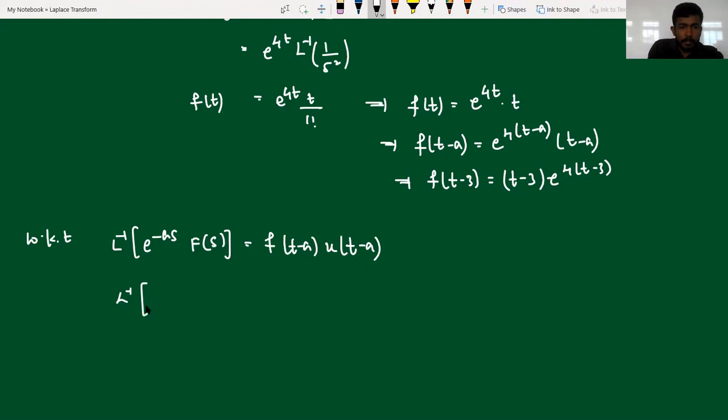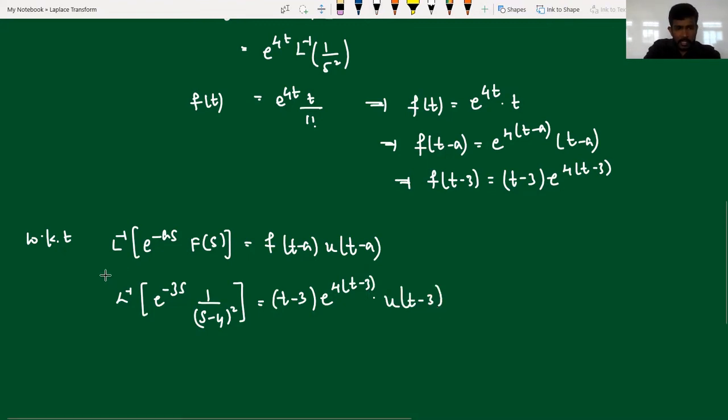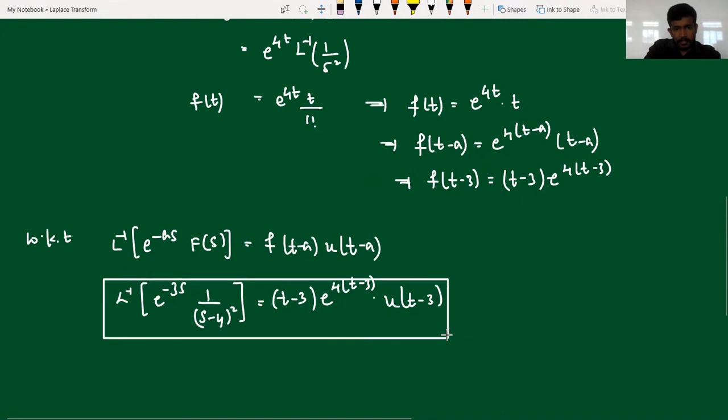L inverse of e to the power of minus 3s into 1 by s minus 4 whole squared will be equal to f of t minus a, which is t minus 3 into e power 4 times t minus 3, product with the unit step function u of t minus 3. This is the required answer.